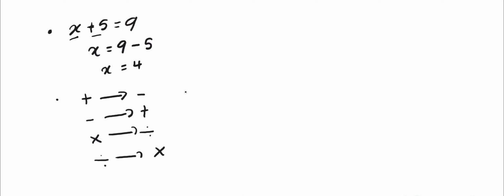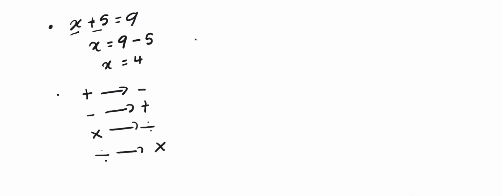So when plus 5 goes to the other side, it gets minus 5. If a minus thing goes to the other side, it becomes plus. If a multiply thing goes to the other side, it becomes divide. It's very easy.